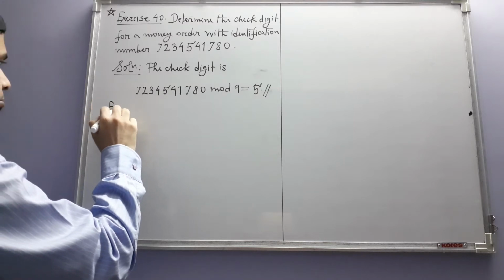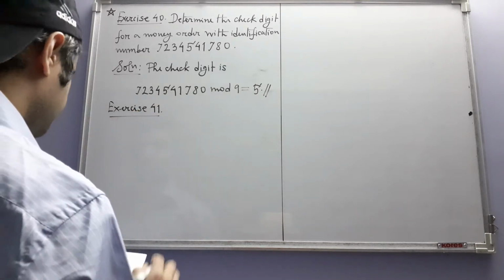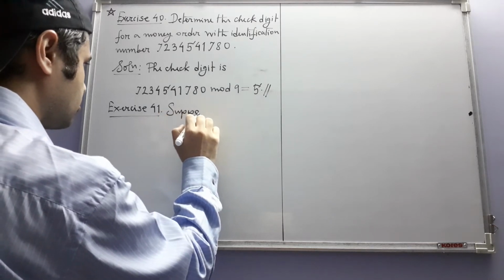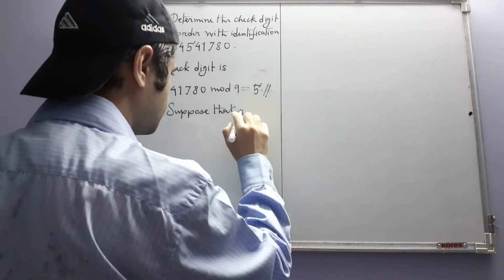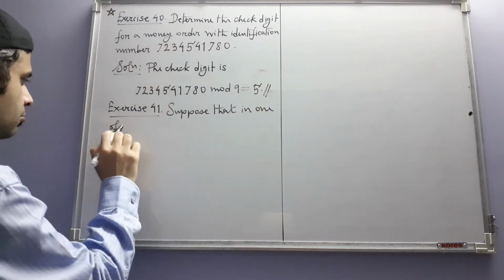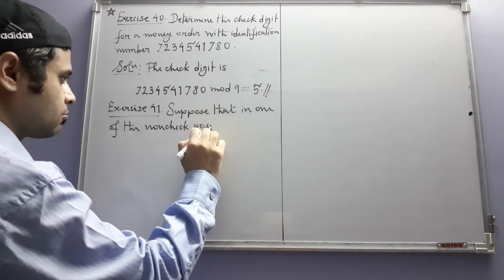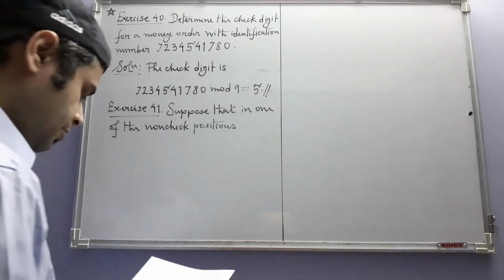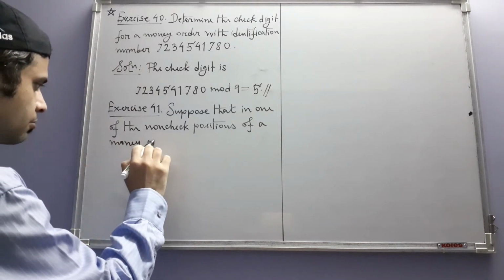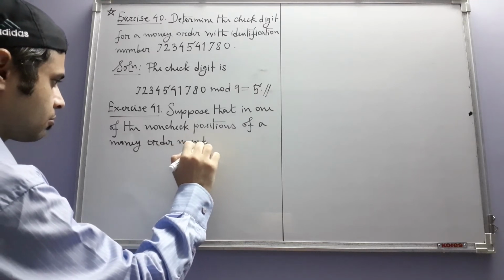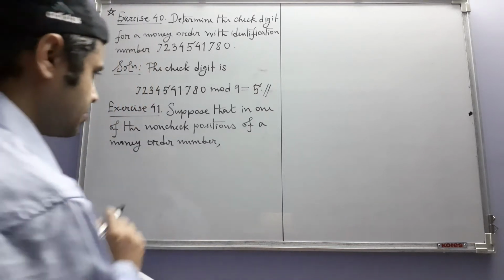Exercise 41. Suppose that in one of the non-check positions of a money order number, the digit 0 is substituted for the digit 9 or vice versa.